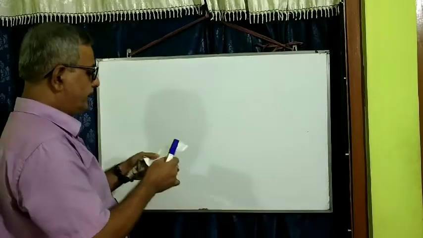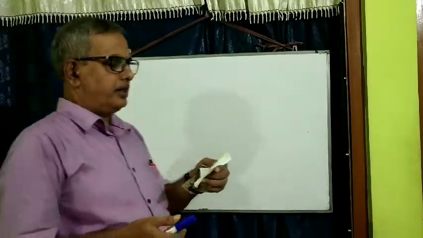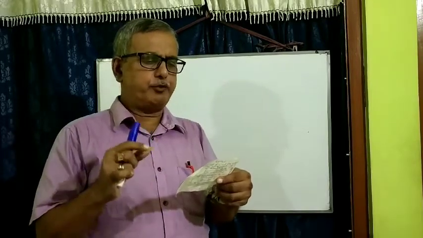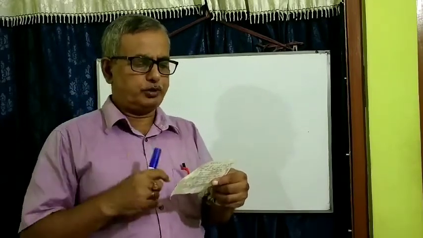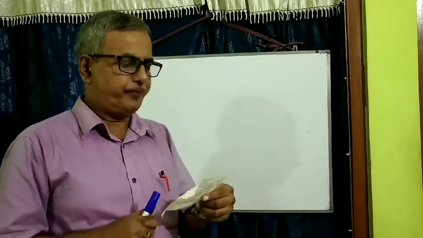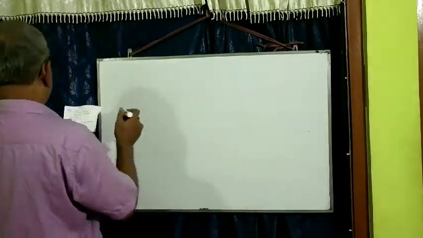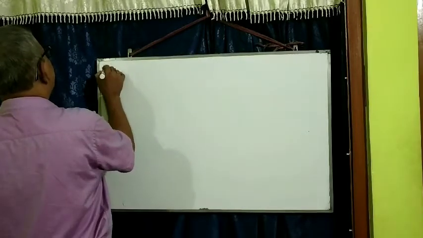Here you see, one equation is given and then you have to find out their solution. In the case of linear equation, here you see question itself I am writing.